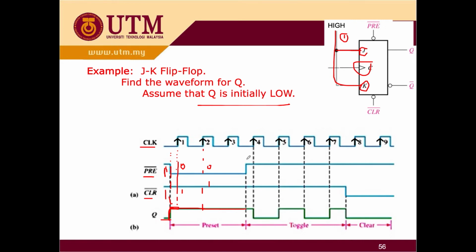Then you have the change at your preset and clear. You can see your clear is 1 and your preset over here is 1 also. So if it is 1 1, as always you need to look into your JK value. It is 1, which is high, so you will remain high.